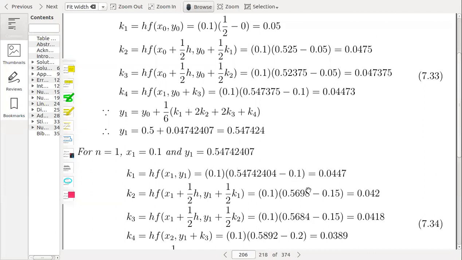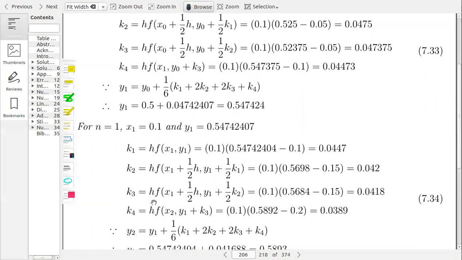So k1 again can be calculated as h f of x1, y1, which is 0.1 into 0.547424004 minus 0.1, so it will be equal to 0.0447. k2 can be calculated as h f of x1 plus half h, y1 plus half k1, which is 0.1 into 0.5698 minus 0.15, and we will have 0.042. k3 can be calculated as h f of x1 plus half h, y1 plus half k2, which is 0.1 into 0.5684 minus this, equal to 0.0418.